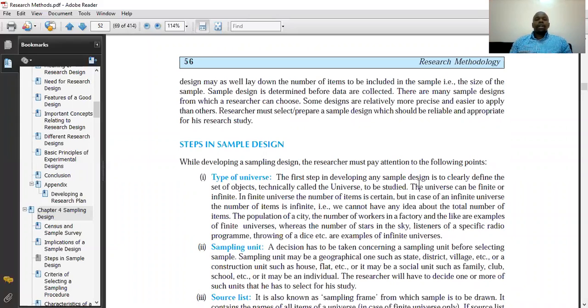For instance, if you are doing research on online buying and selling, most people that do online buying and selling are people that live in town, all right? Because of course, Jumia, Kilimall, they do not deliver outside town. They deliver just within the town and its environs, right? So many people who do online buying and selling do it within town or in the suburbs of town, all right? So the universe is basically the region from where the sample will be collected.